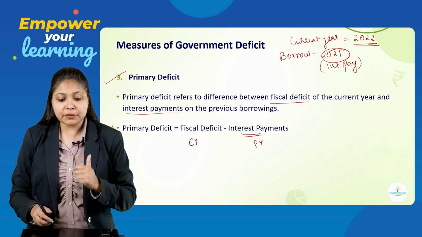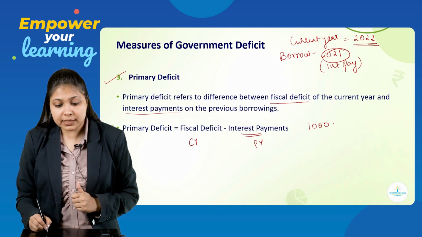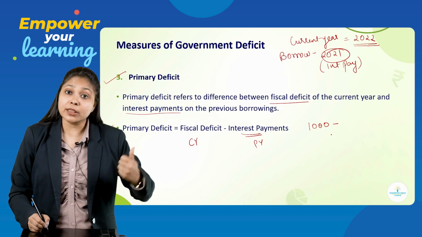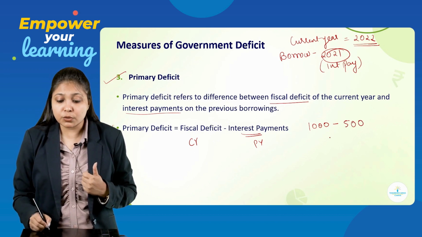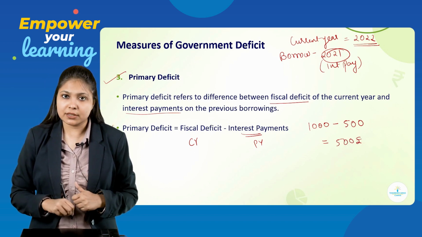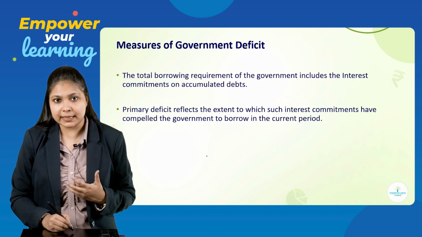So, say suppose the fiscal deficit of 2022 is 1000 rupees and the interest payment which the Indian government is paying on the previous year's borrowing is, say suppose, 500 rupees. So, in this case, primary deficit would be 500 rupees. Okay, this was just a random example to make the meaning easy to understand.